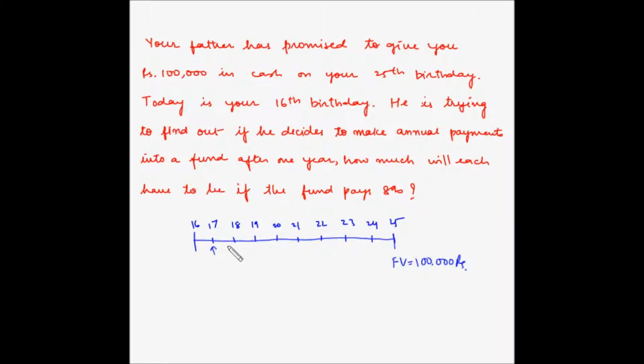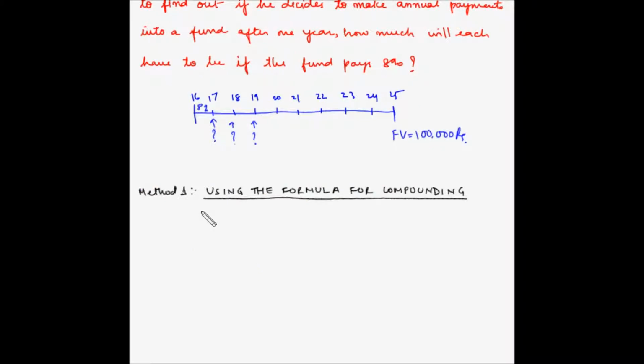Now, if the fund pays 8% per annum, we are being asked to find out how much is this amount that your father needs to deposit every year. So let us look at the first method to solve this. So the first method is to use the formula for compounding.